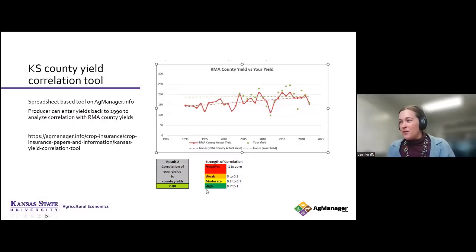If you want that higher risk protection, you're going to want to see a higher correlation. I would be surprised to see negative correlation, which would mean your county goes up and you go down. But this is one way to see how close you are to what's happening at the county level. And there's a link to that there.